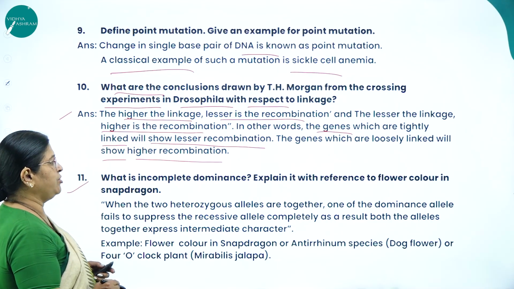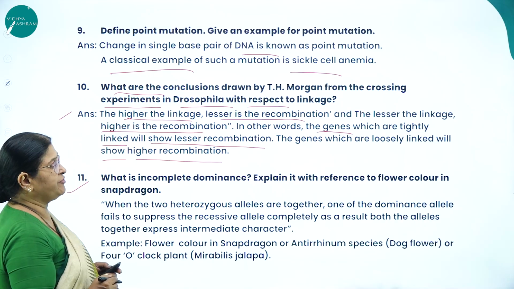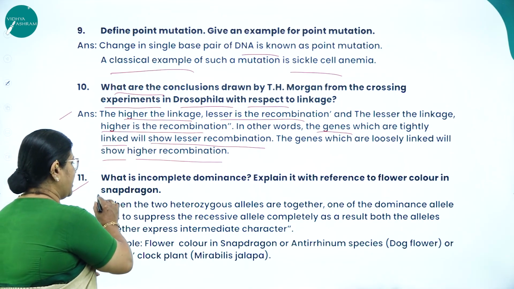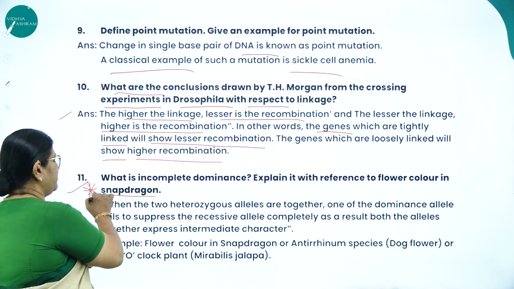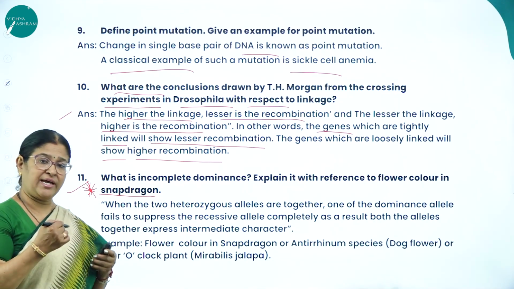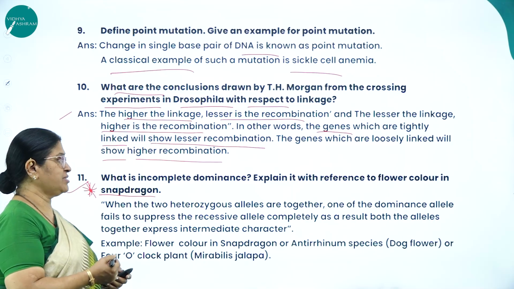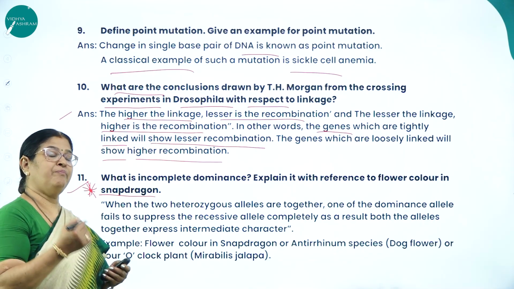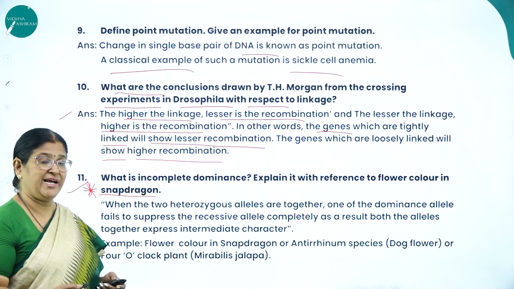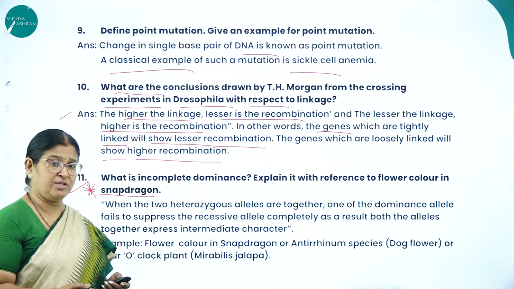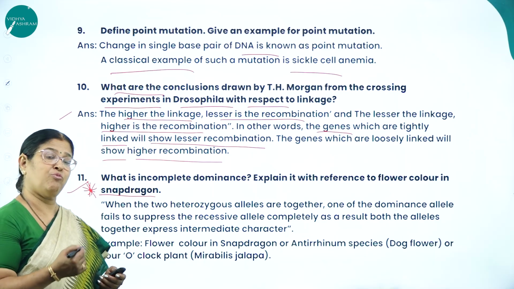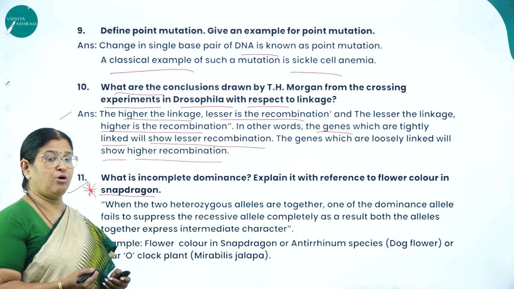Moving on to question number 11. What is incomplete dominance? Explain it with reference to flower color in Snapdragon. This is also a very important question from the examination point of view. Mendel's ideas were put across in the form of laws called Mendelian laws, and one law was called the law of dominance.